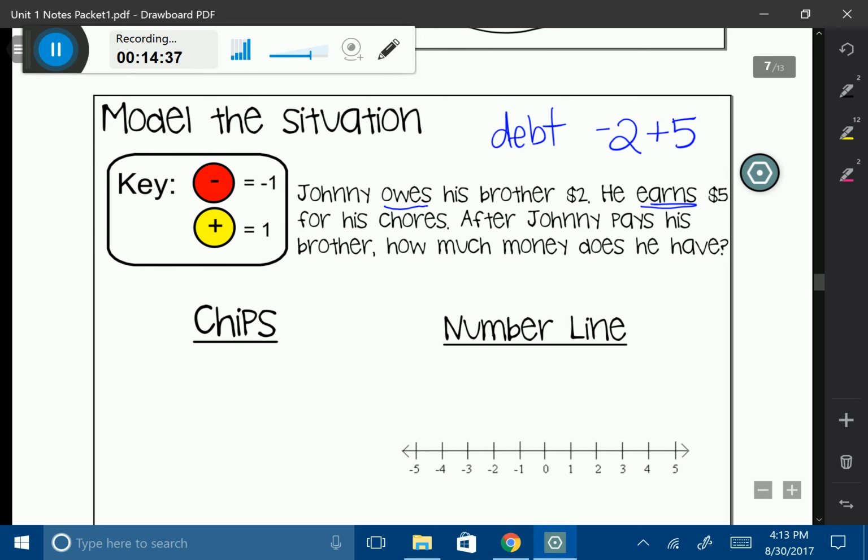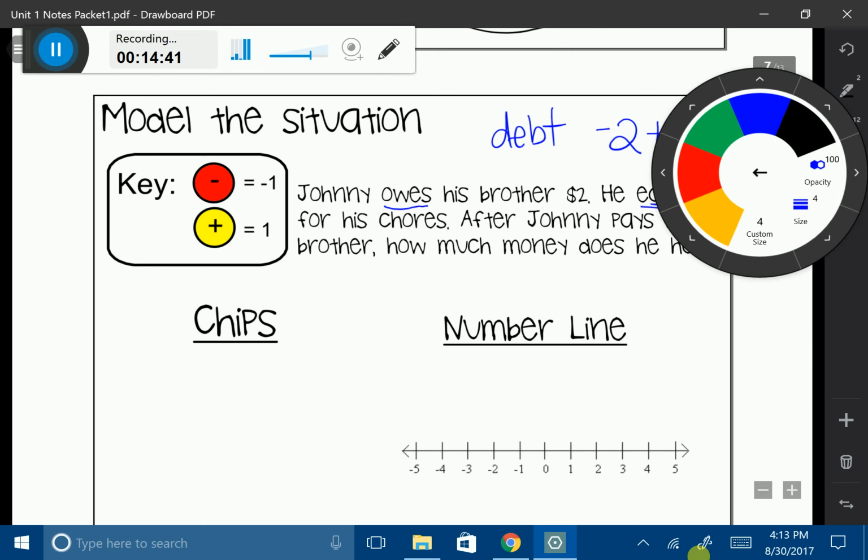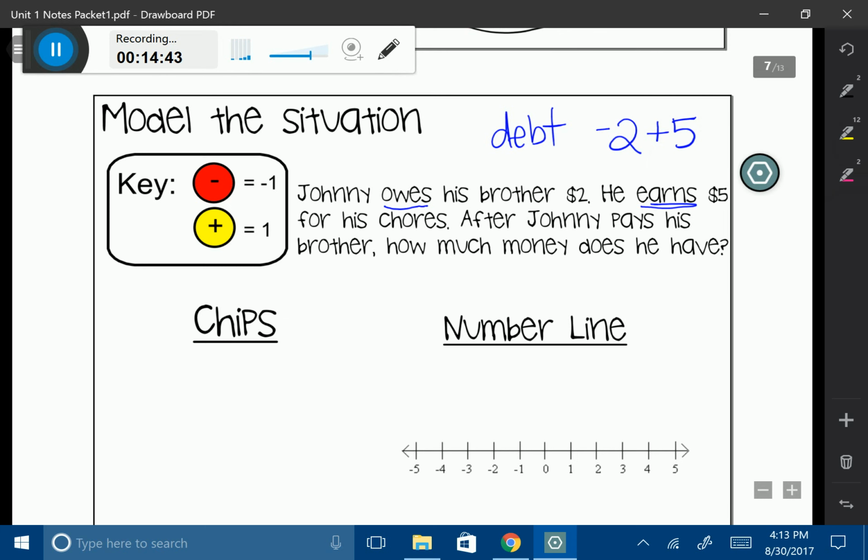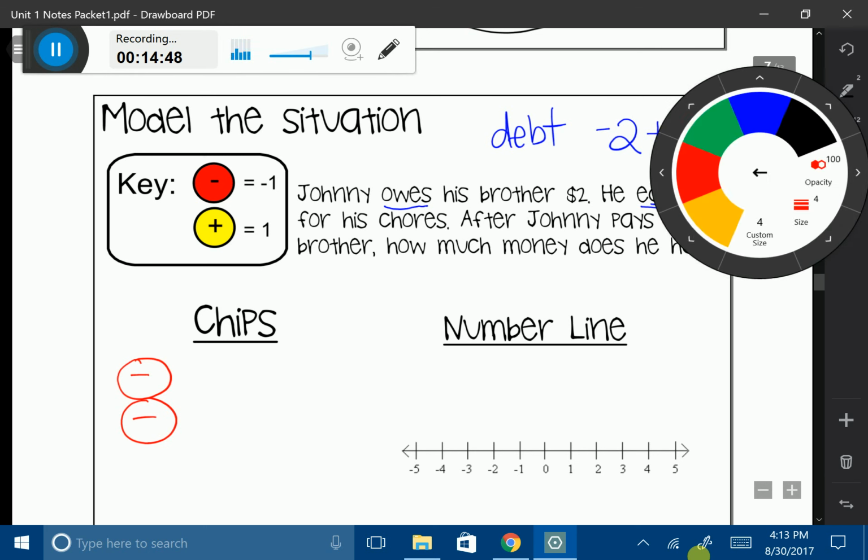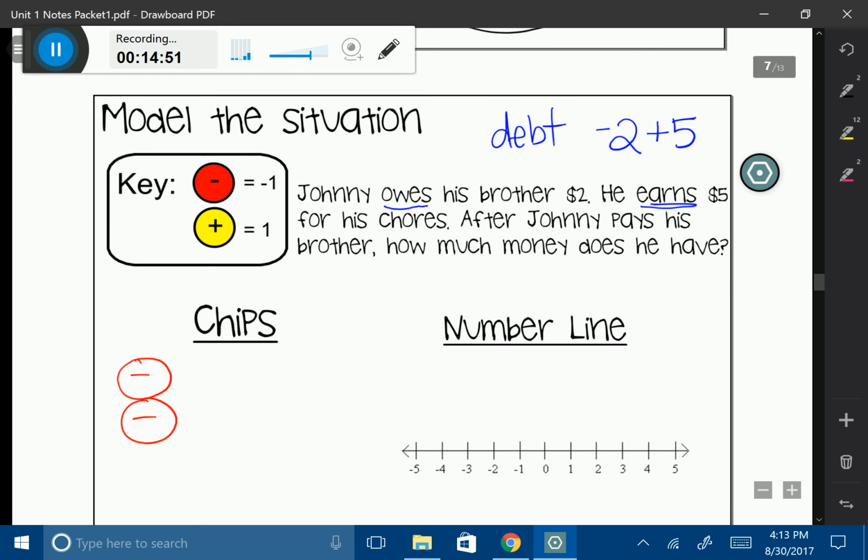So let's use chips first and then we'll use our number line. So I am going to use my negative. I have negative 2 chips. There they are. And then I have positive 5 chips as well. There they are. So let's go ahead and create some 0 pairs.